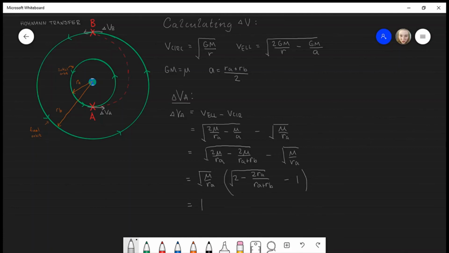Simplify the bracket. And I'm just going to get everything over the same denominator here and simplify from there.